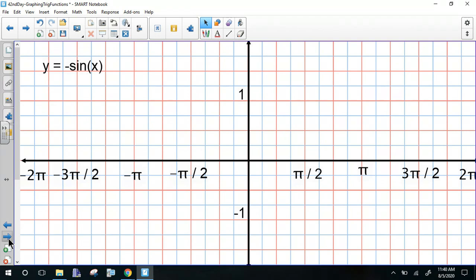Let's look and see what happens to the sine function when we put a negative in front of it. So again, I'm going to draw y equals sine of x, just so you can see what happens to the parent function.